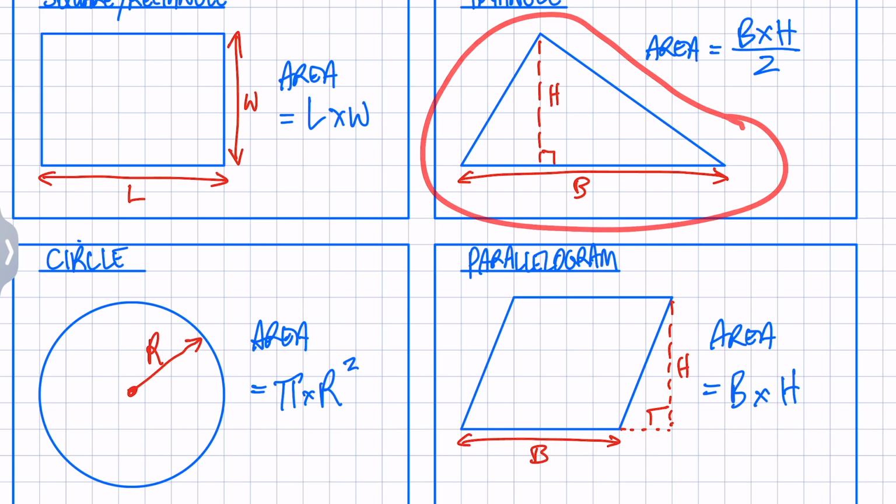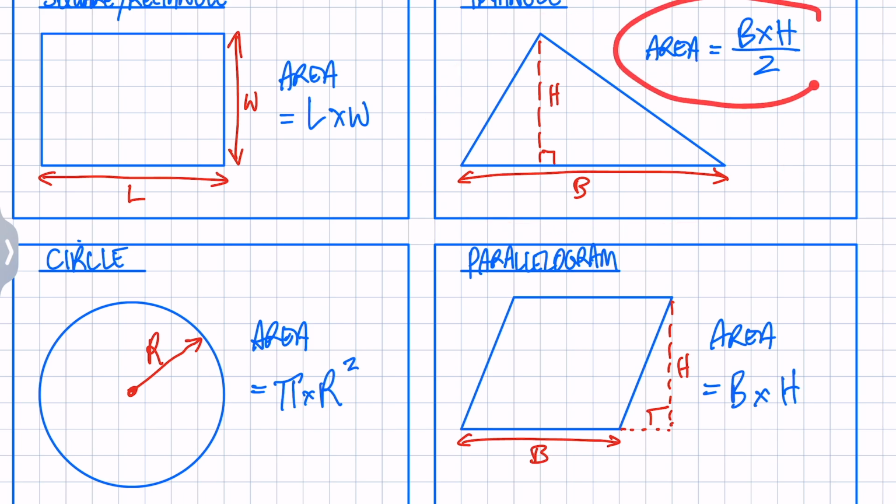Hopefully you remember that that's the formula for it because most teachers will hammer that. But why does it work? Every triangle is just half of a rectangle. Let me draw it for you. If I did a line going up like this and across and then down like that, that's a rectangle. And that's using the other 2 halves of the triangle. So a triangle is just half of a rectangle.